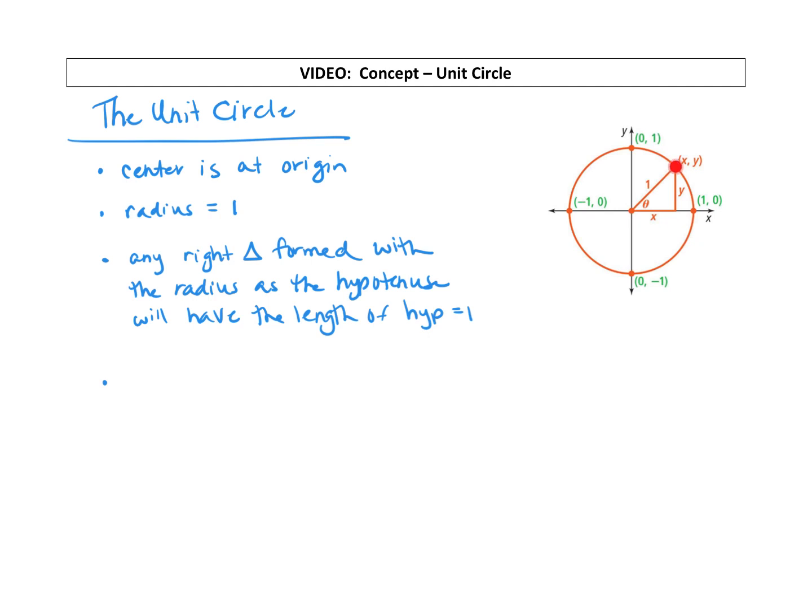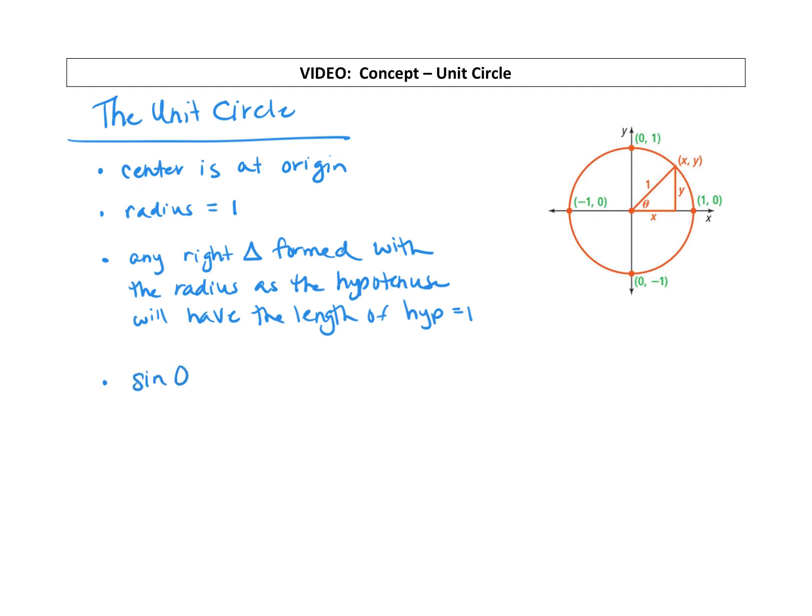Well, if this ordered pair is xy, that means that we know two sides of the triangle. You go over x and up y, so that xy represents the two sides of our triangle, and we know that the radius of the circle is 1, so our hypotenuse is 1.